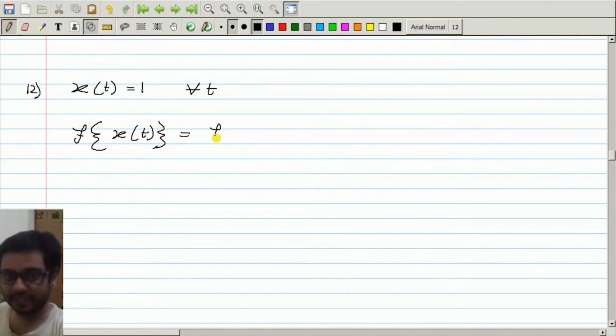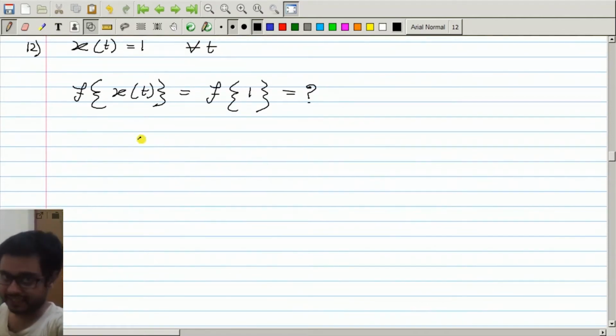That is, what is the Fourier transform of 1? This is a bit tricky, at least if you want to use the direct formula. At first it will be difficult. Let me give you a simple trick. Okay, I will use the inverse formula.